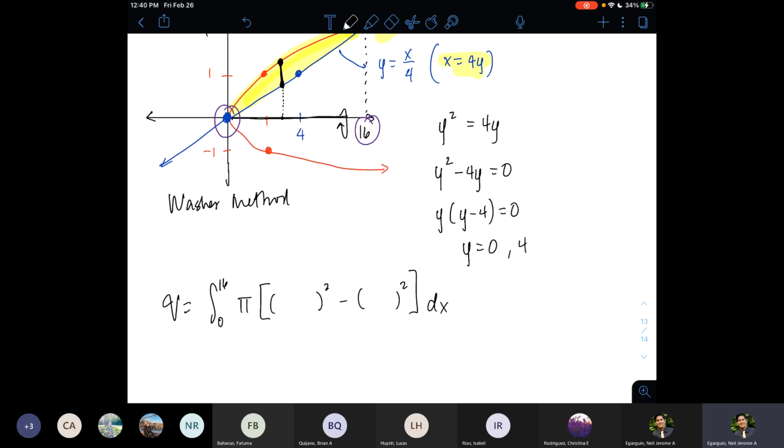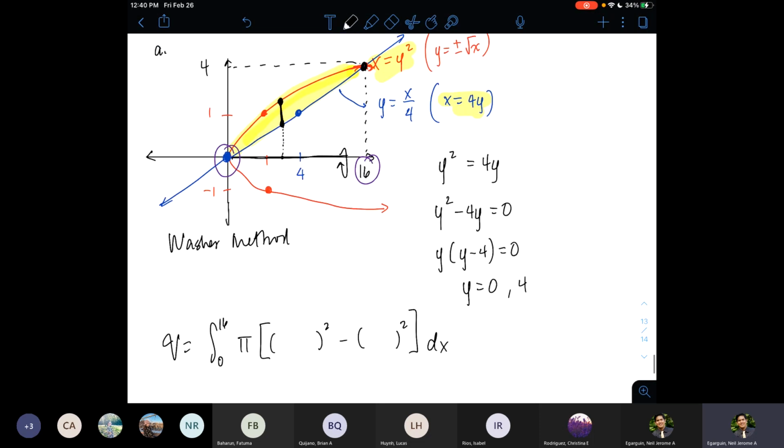Okay. The washer method is used if your solid has a hollow inside, or a hollow interior, just like in this case, because hopefully you can imagine when you do the revolution here, you'll get a sort of bowl-like figure or something like that, but the interior would be hollow because there's an empty space here.